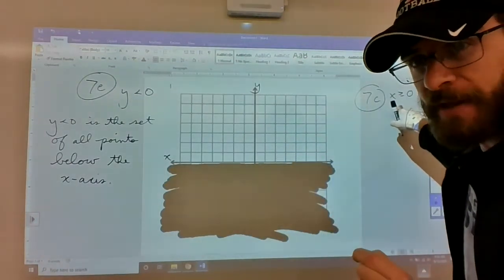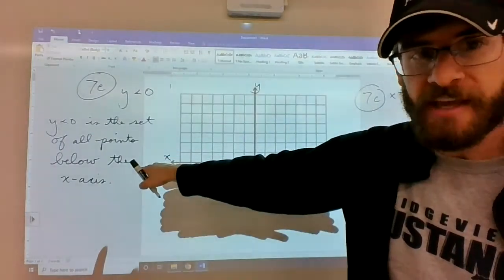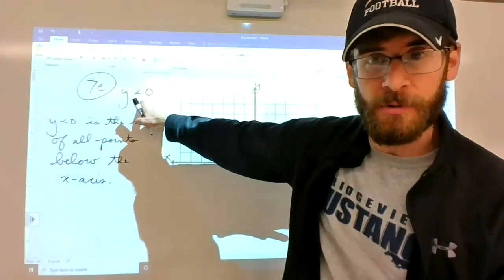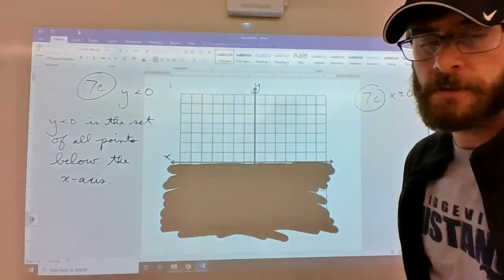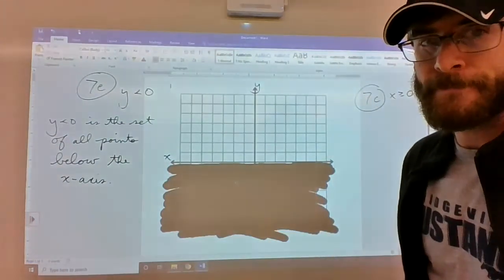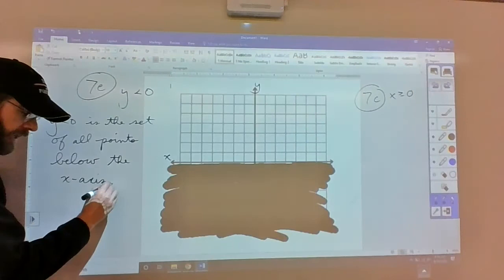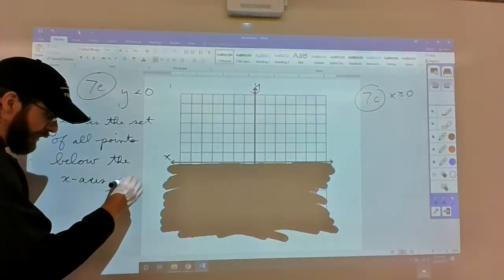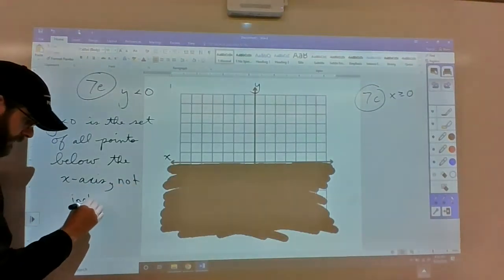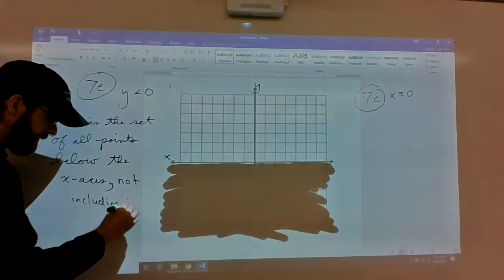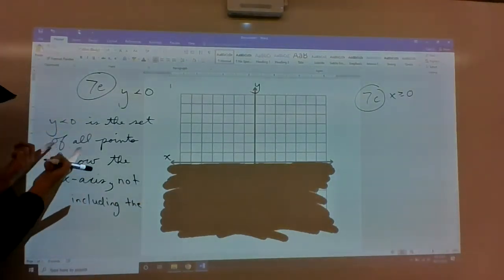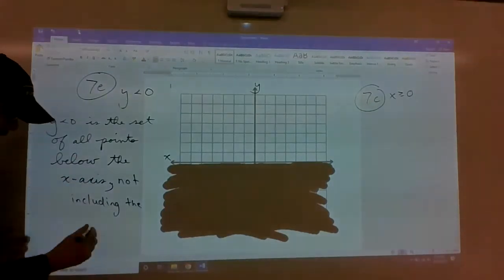So go back in your notes and make that adjustment. This would not include the x-axis because it has a less than symbol and not an equal to. And I'll say right here, not including the x-axis. Although it's kind of implied when I say below, I'm saying don't include it.